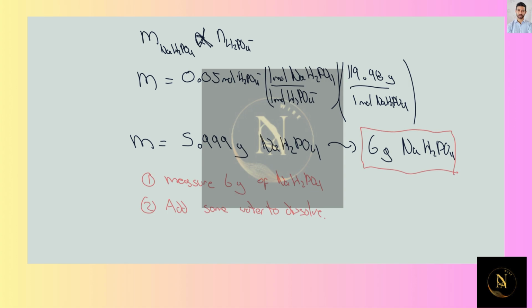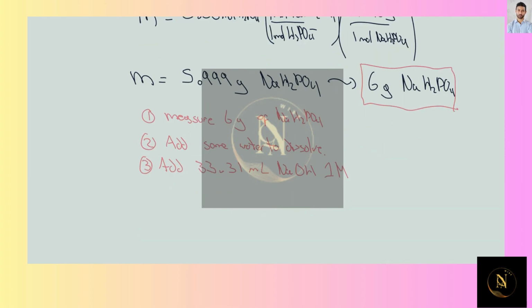Then we're going to add 33.31 milliliters of sodium hydroxide 1 molar. And finally, fill up to 1 liter with distilled water.